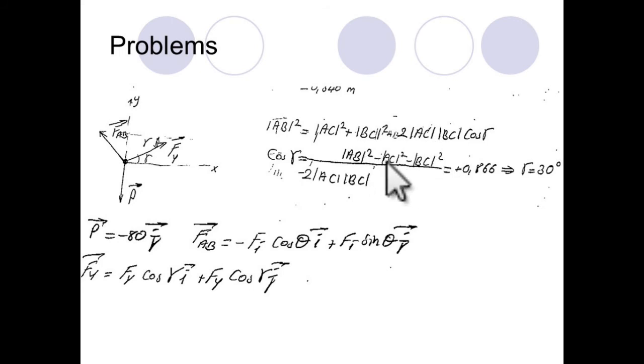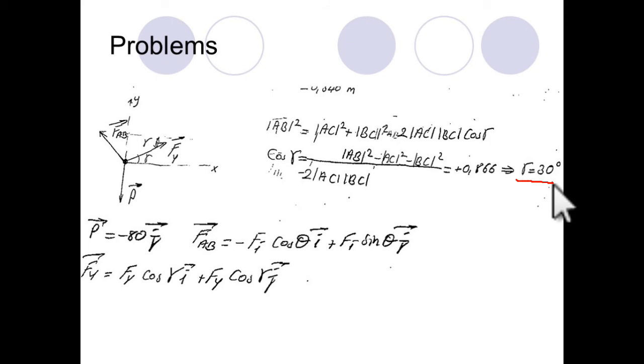It is AB squared minus AC squared minus BC squared, I just take these terms to the other side of the equation, and divide the whole thing by the coefficient of cosine gamma, which is minus 2 AC multiplied by BC. Now this gives me a value of 0.866, and from here I can say that gamma is equal to 30 degrees.